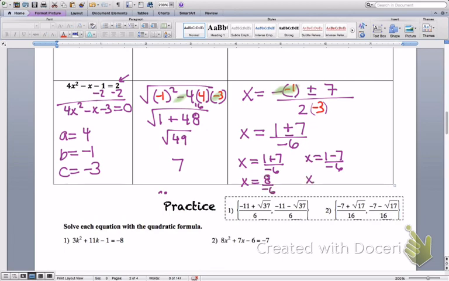On the second one, we're going to get negative 6 over negative 6. And I'm going to simplify those answers. I can divide these by 2, so it's negative 4/3, that's one answer. And 6 divided by 6 is positive 1. That's my second answer. So negative 4/3 and positive 1 are my 2 solutions to this quadratic.